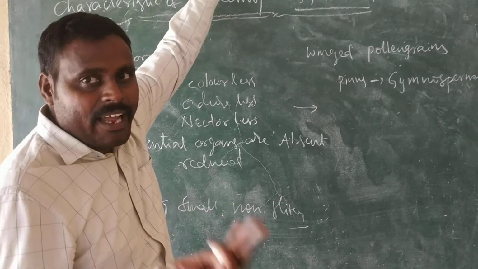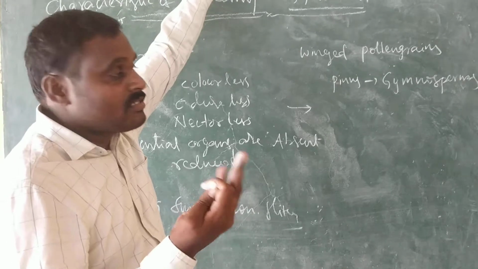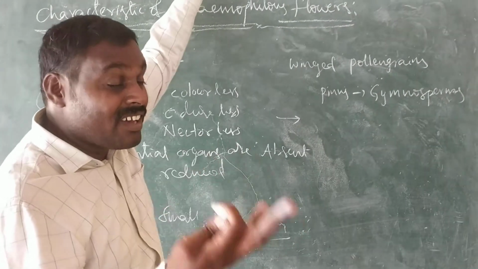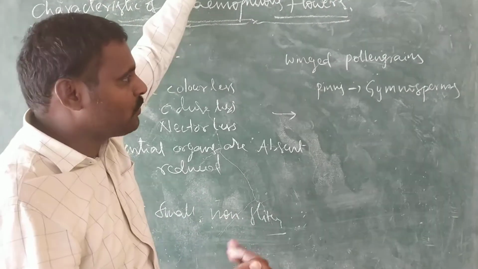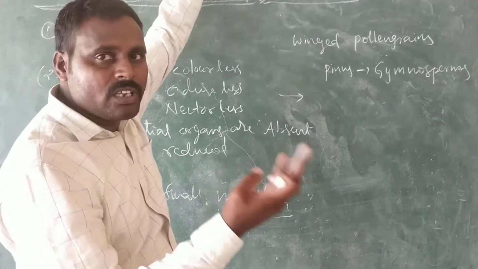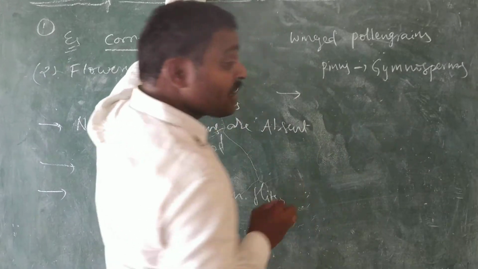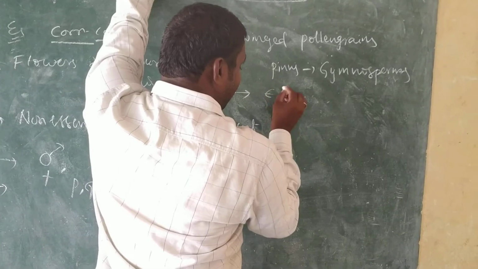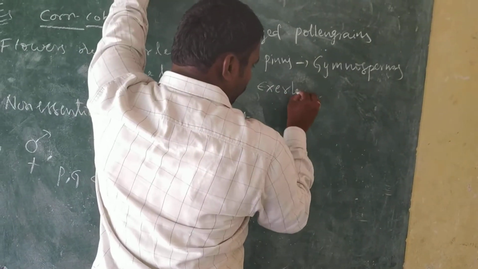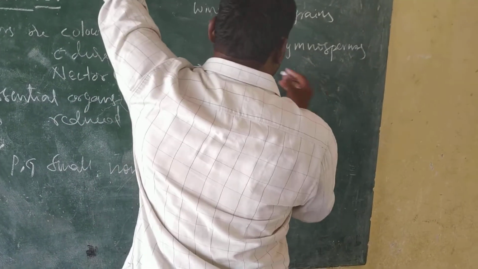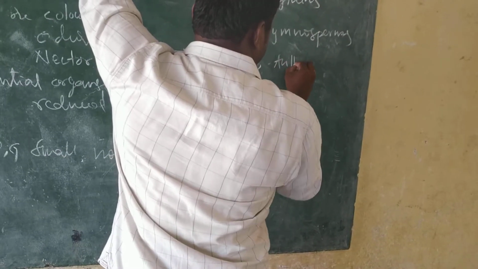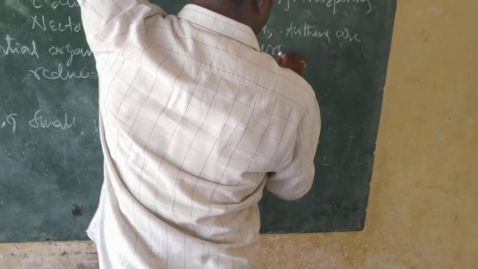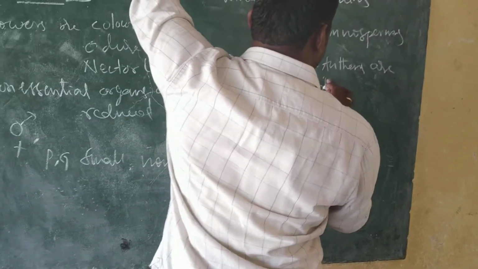And both the stamen and stigma are exserted. Both the sex organs are exserted. Sex organs are nothing but androecium and gynoecium. So stamen and stigma are exserted, and anthers are versatile.